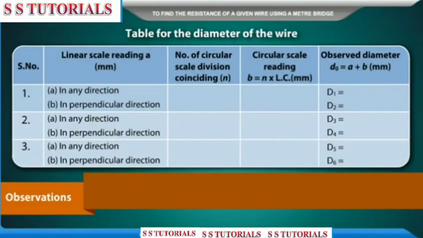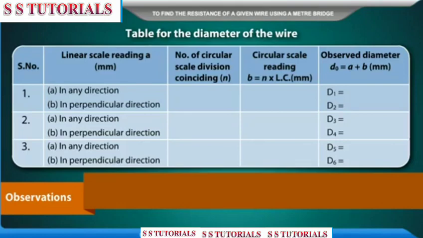Table for the diameter of the wire. Serial number. Linear scale reading A, mm. Number of circular scale division coinciding N. Circular scale reading B is equal to N into LC, mm. Observed diameter D0 is equal to A plus B, mm.